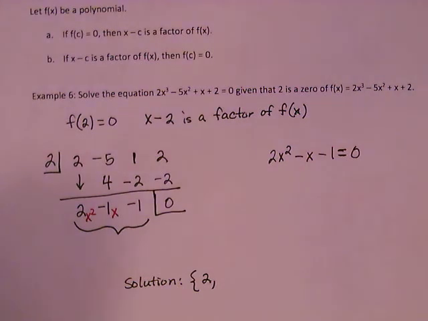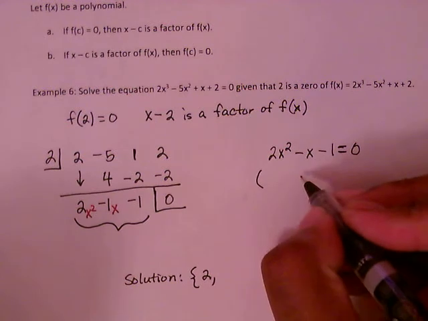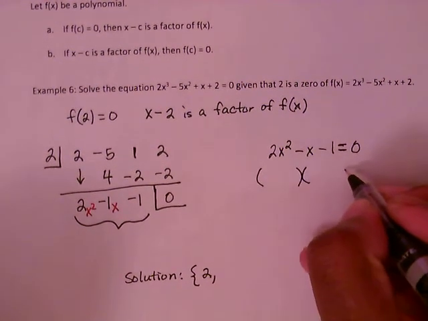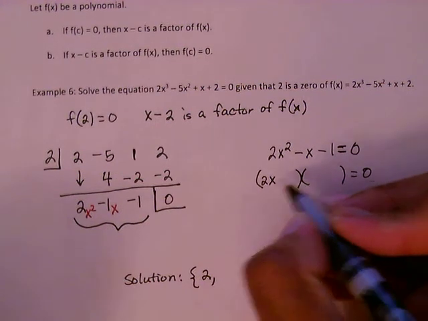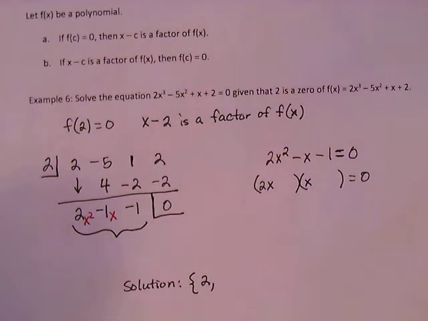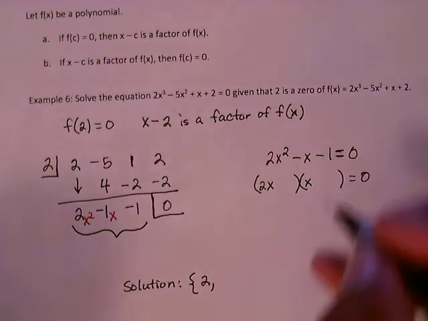Now that 2x squared minus x minus 1, I will factor that into 2 binomials here. That 2x squared, I'm going to break that up as 2x and x. The only factors of 1 will have to be 1 and 1, but the 1 has to be in a place so that the outer and the inner will give negative x.